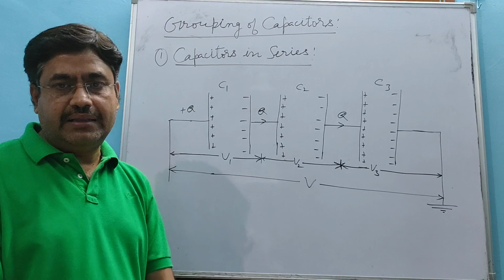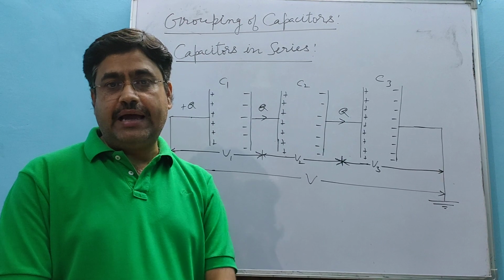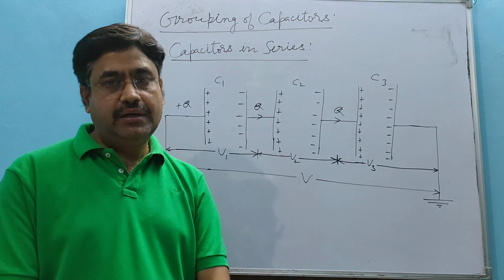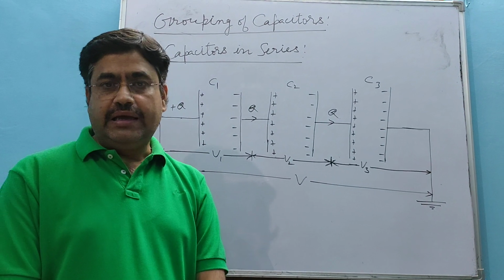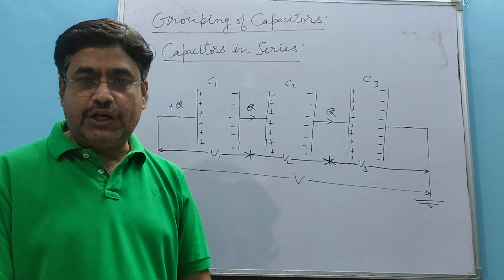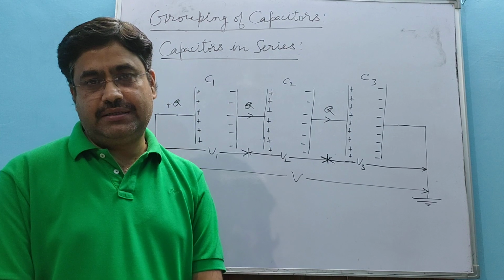In 10th class you found the series and parallel combination of resistances and found the equivalent resistance. In the same way, now we try to find the equivalent capacitance in grouping of capacitors.